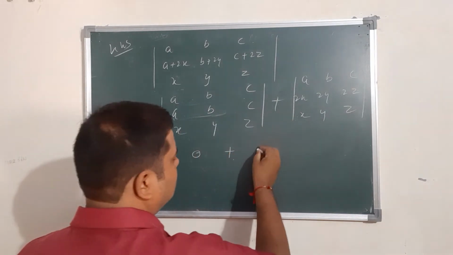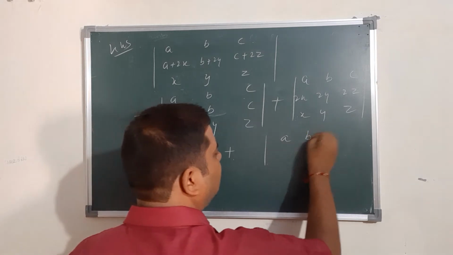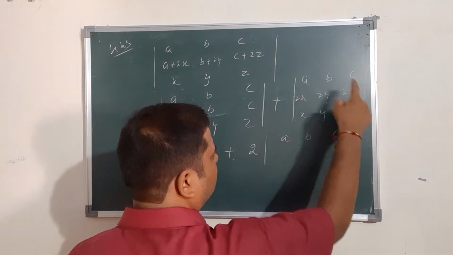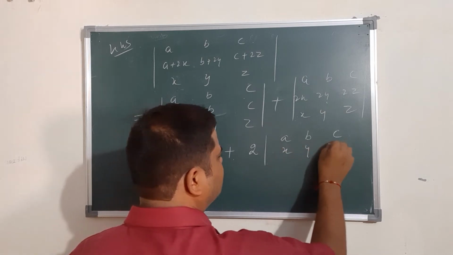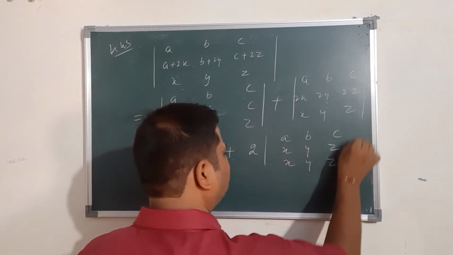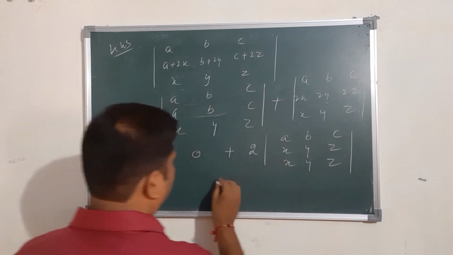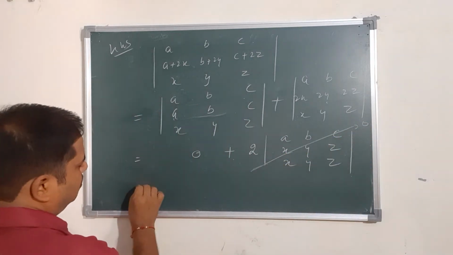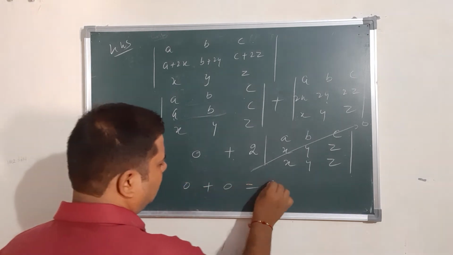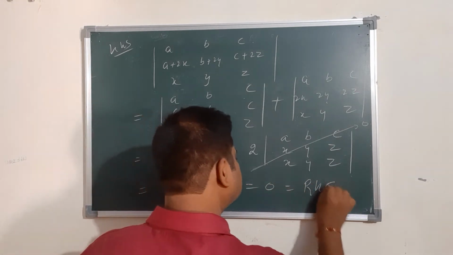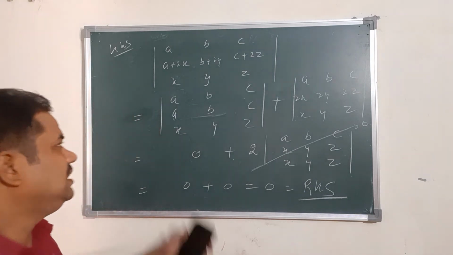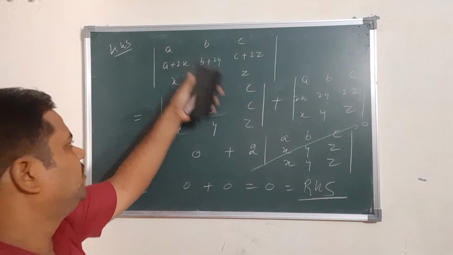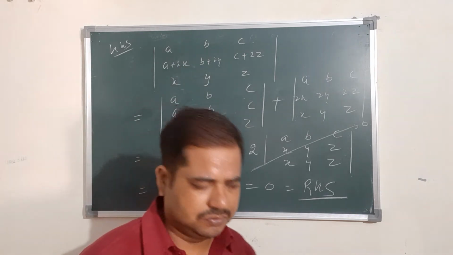Plus this one is A, B, C, and if we take 2 common from this row, then this row is X, Y, Z, and this is also X, Y, Z. So again using the same property, this one is also 0. So this is 0 plus 0, which is 0, and this is the RHS. So by using that property we have shown that the given determinant is 0.